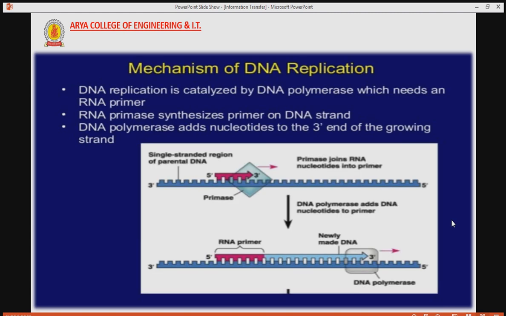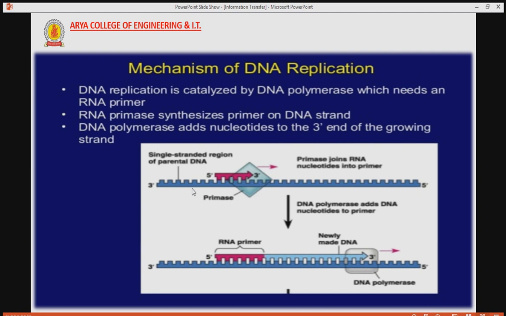Next is the mechanism of DNA replication, meaning how DNA is replicated. Here we can see 3' and 5'. DNA replication is catalyzed by DNA polymerase, which needs an RNA primer. Primase synthesizes the primer on the DNA strand.